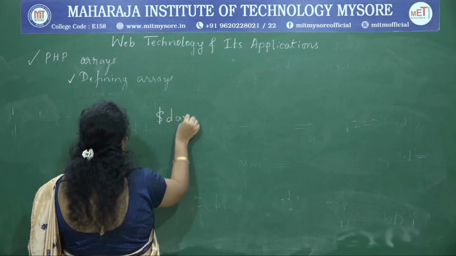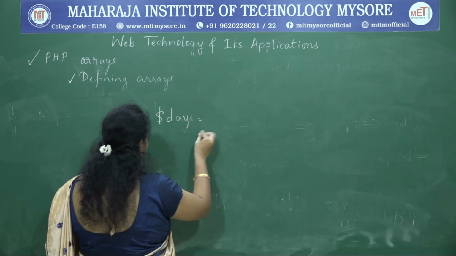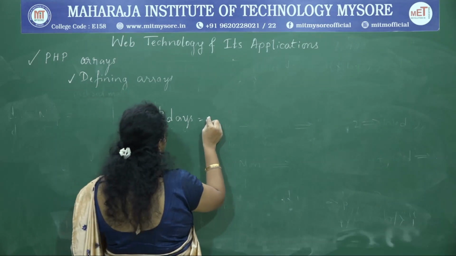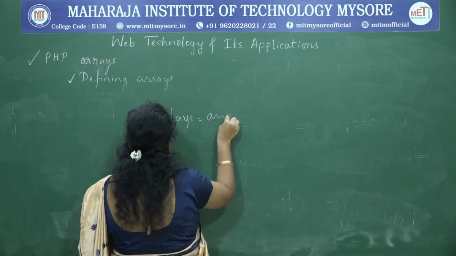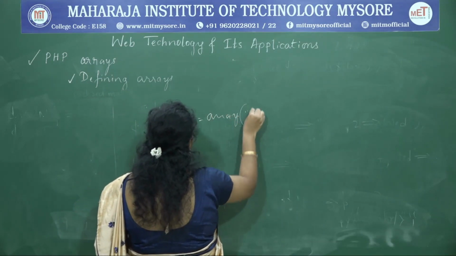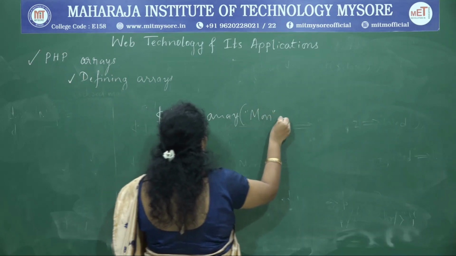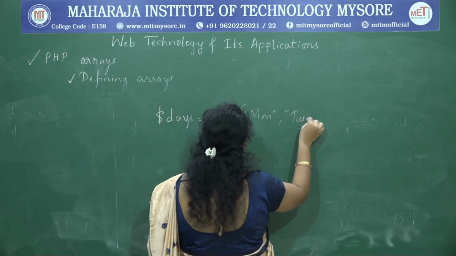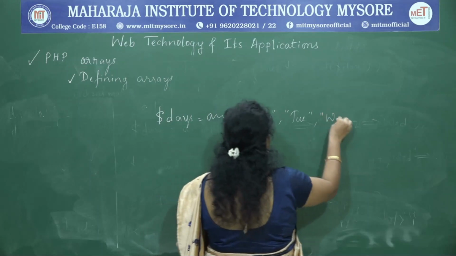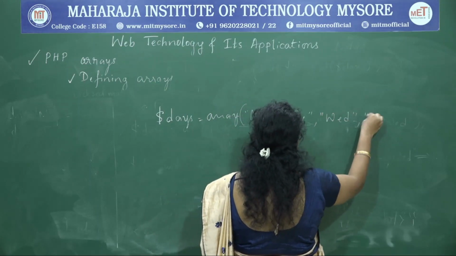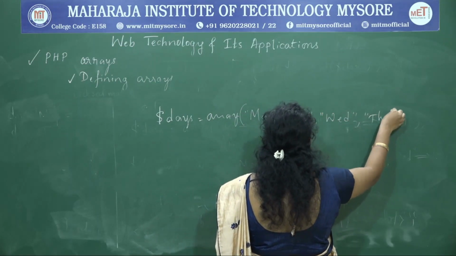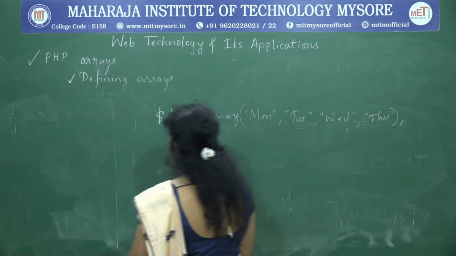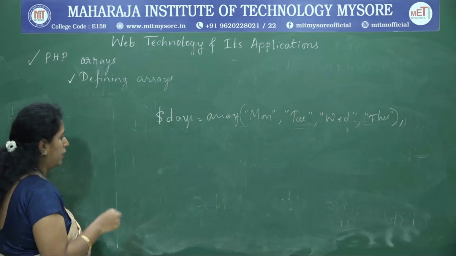Okay, so coming back to the same example, that is days, where the values are Monday, Tuesday, Wednesday and Thursday. So how is the array actually represented?